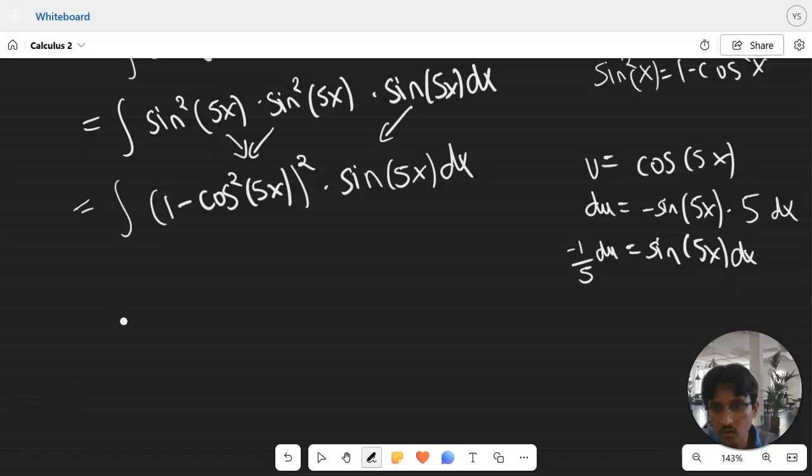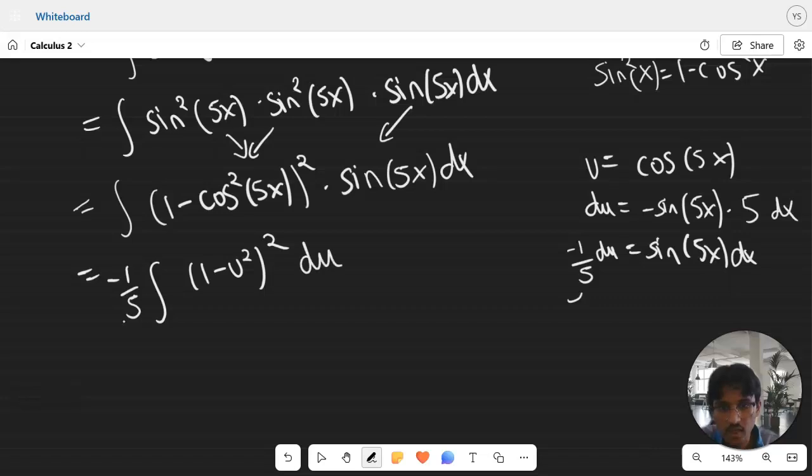So this negative 1/5 is going to come outside. Negative 1/5 integral of 1 minus u square, don't forget, 1 minus u square to the whole square du. And why is that?